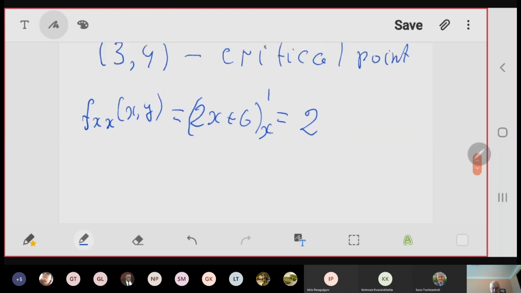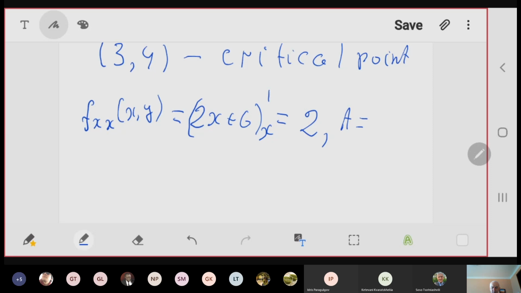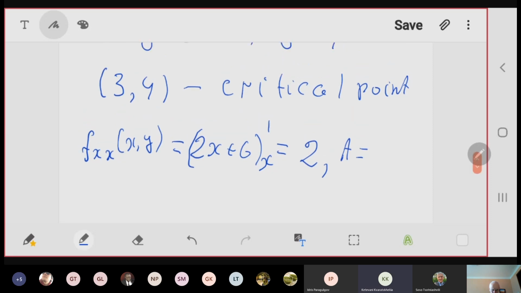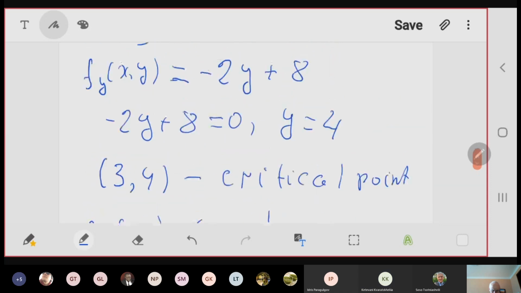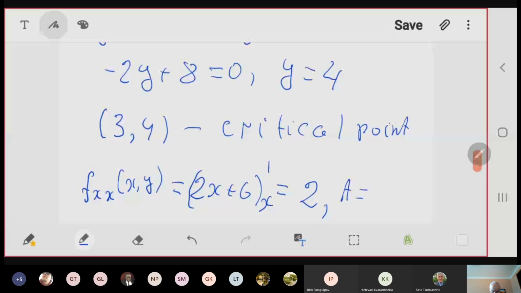So it means that A equals... But it's not 2, because we have minus. Yes. Thank you, I made a mistake here. Here we had minus 2x plus 6, so the derivative is minus 2. So we have A equals minus 2.